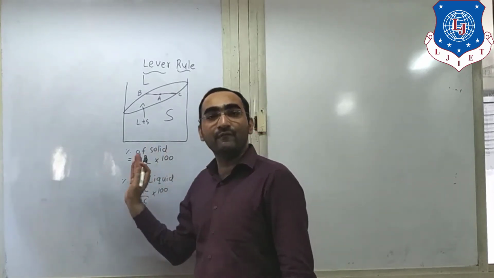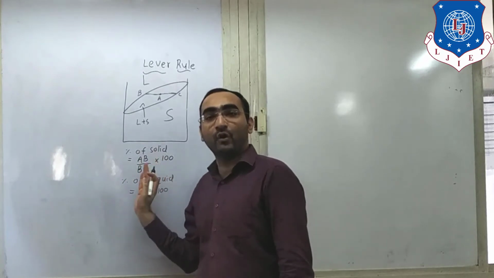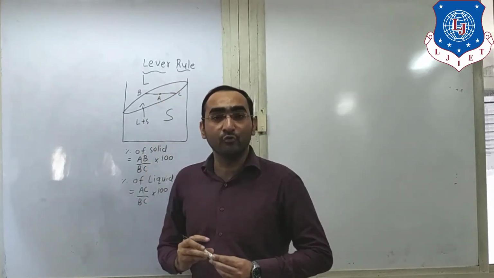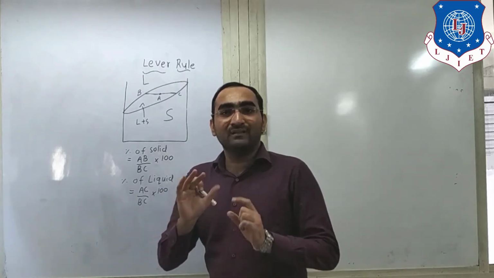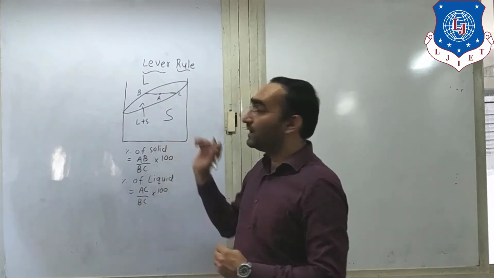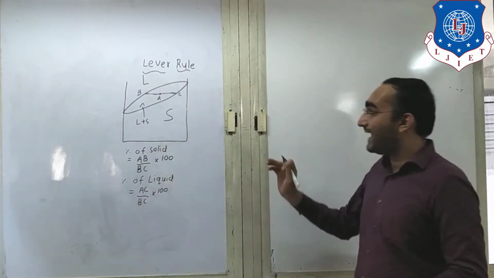So this is how we can find out the percentage of solid and the percentage of liquid with the help of the lever rule. This was the basic thing. Now let us take one example.